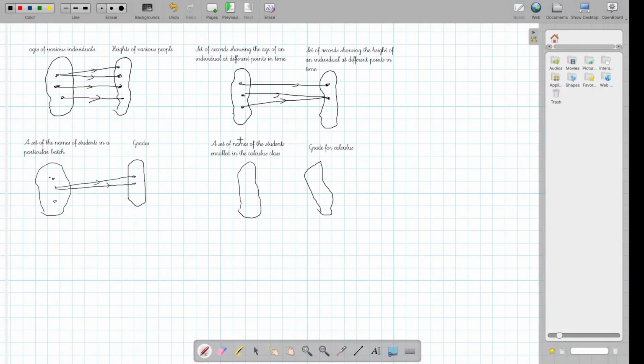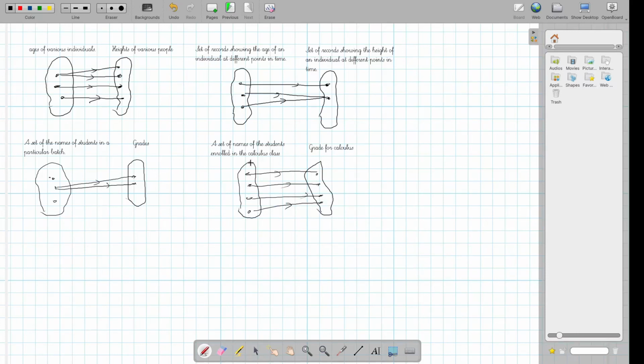If these are the names of the students in the calculus class and this is the grade for calculus, each student will have one grade. So this is again a function.